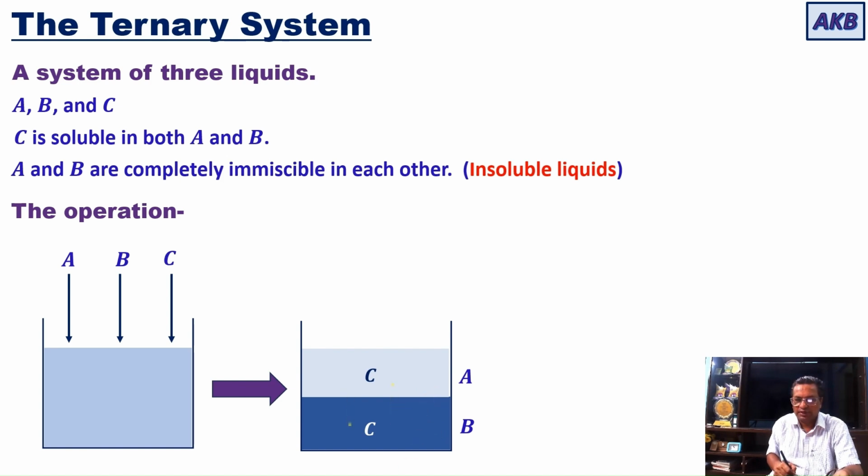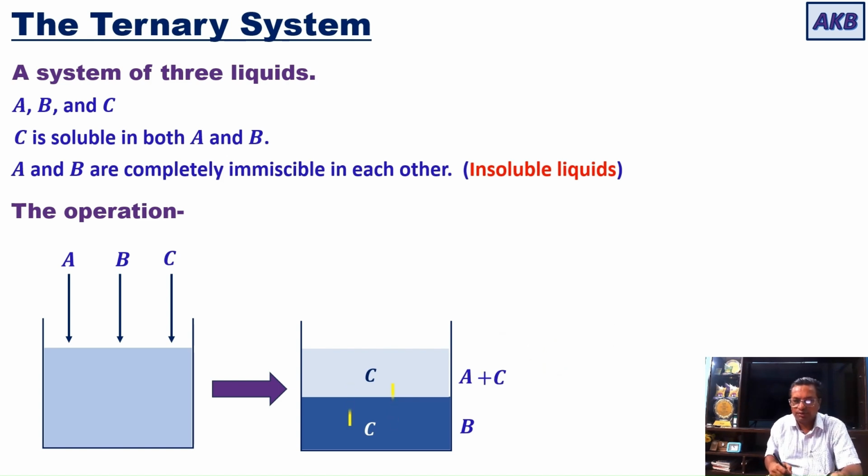If R_AB represents the rate of transfer of C from A to B, and R_BA represents the rate of transfer of C from B to A, at equilibrium these two rates will be equal. The meaning is that the amount of C that goes from A to B is exactly the same as the amount of C that goes from B to A. So there is no net transfer of C across the interface. This is the case of dynamic equilibrium.